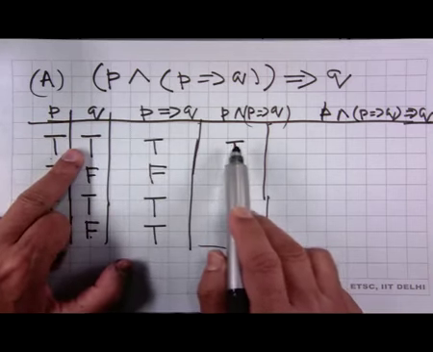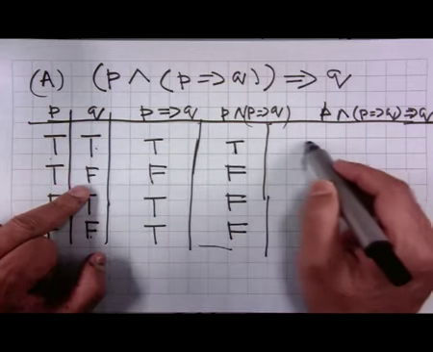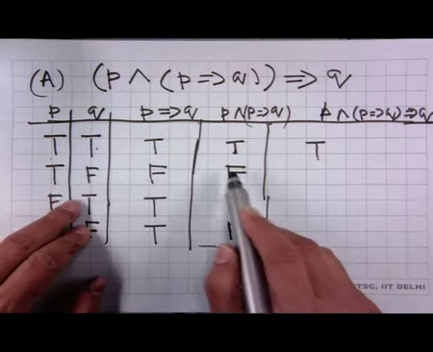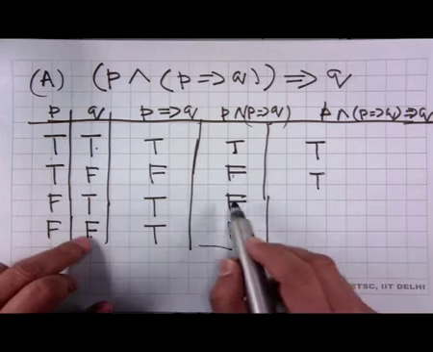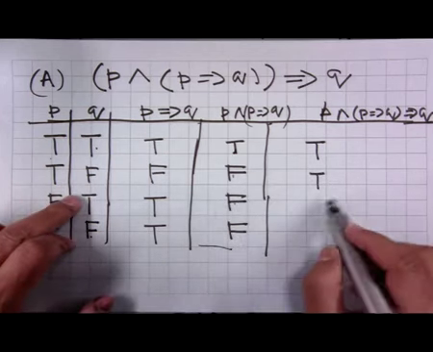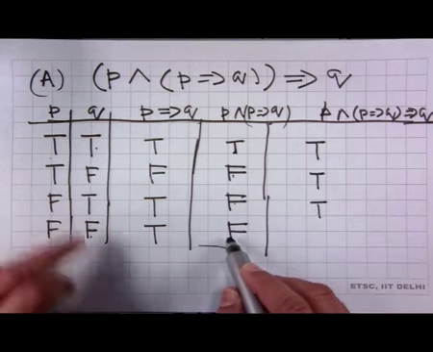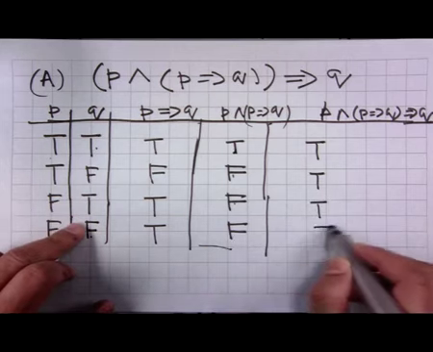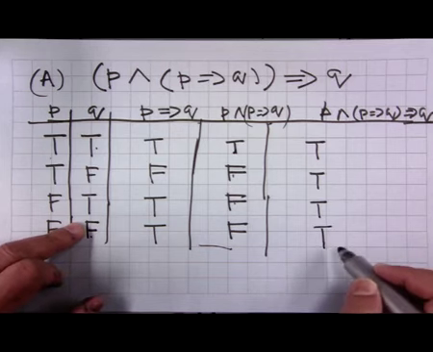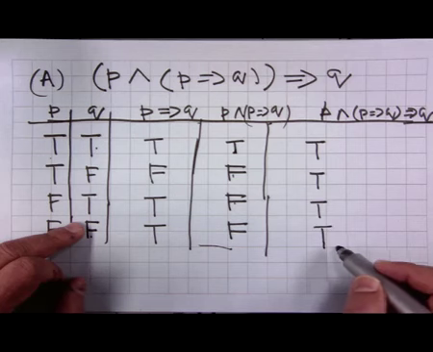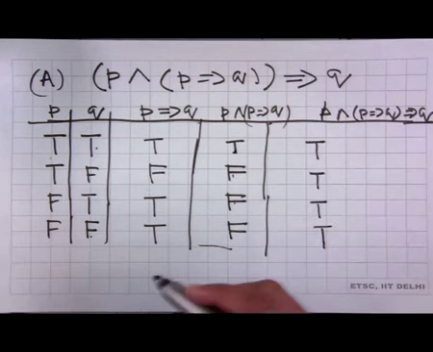So, truth implies truth is true, false implies false is true, false implies true is true, false implies false is true. This we know from our knowledge of the truth values for P implies Q.